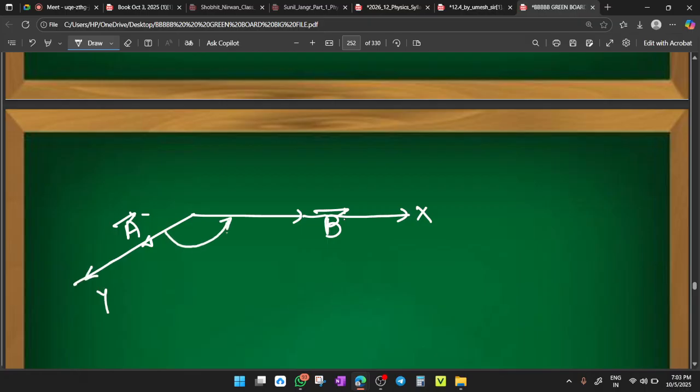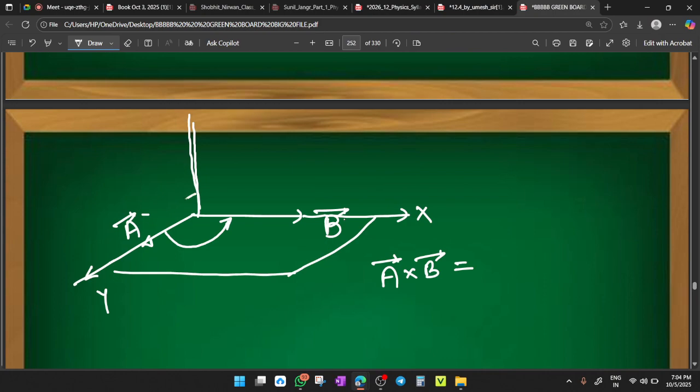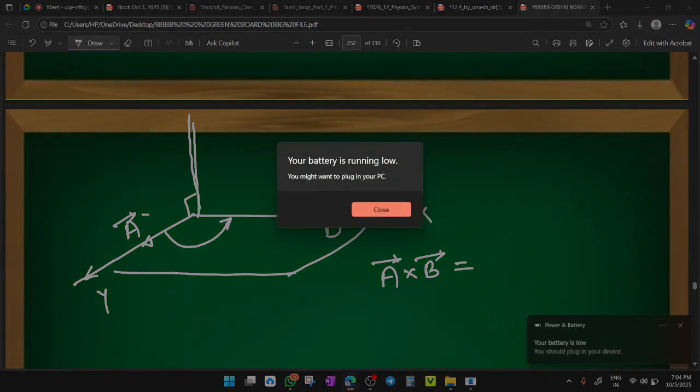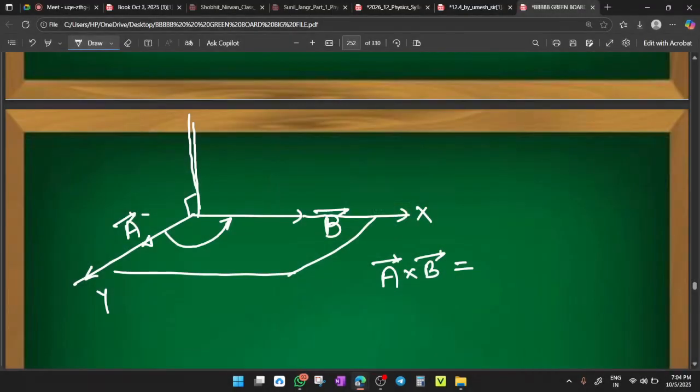If you rotate A towards B, A cross B, then the resultant vector is pointing perpendicular to both A and B, along the Z axis. So if you suppose this quantity is C, then C vector is in the direction of A vector cross B vector.